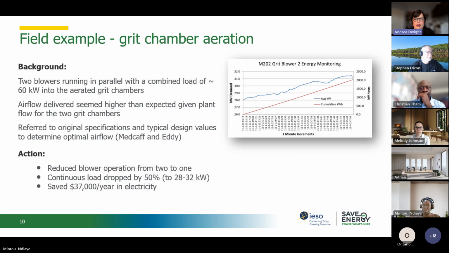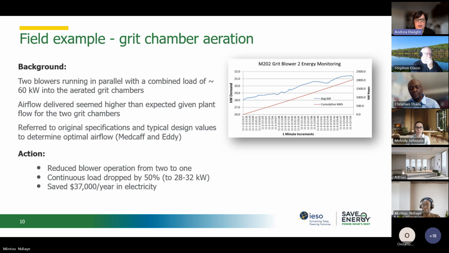Yeah, that's great, Stephen. Another example we had when it came to right sizing and design of the systems and understanding airflows was a plant we went into with 2 aerated grit chambers, and there were 2 blowers running into these 2 grit chambers. We decided to go back to first principles and calculate how much air was required in each of these grit chambers, and we found that they were running 1 extra blower.